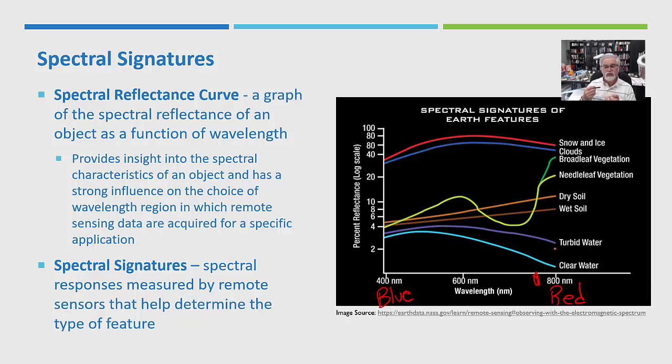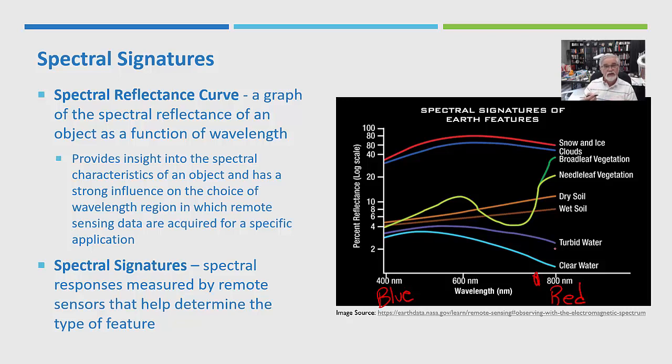If I only have red, green, blue, or if I have red, green, blue, near infrared, that limits a little bit on how good of a signature I can have. But if I have a multi-spectral camera that maybe breaks it up into 10 bands instead of breaking it up into just 4 bands, then I can identify things better.